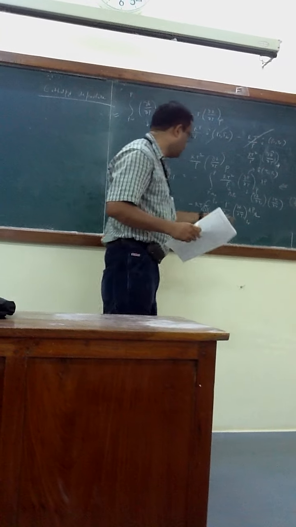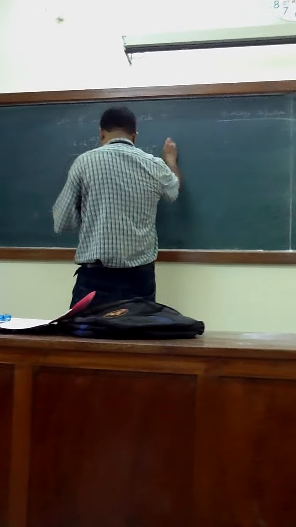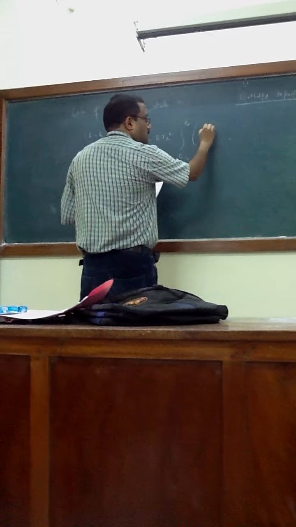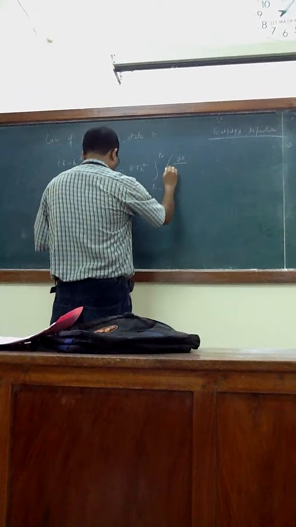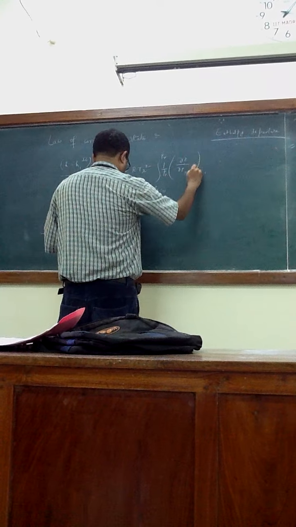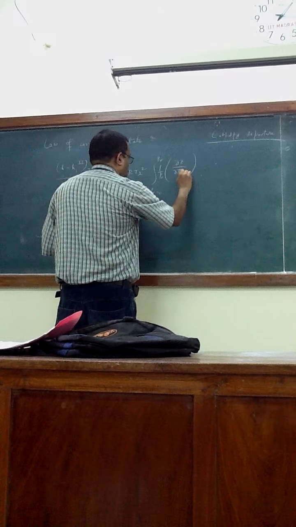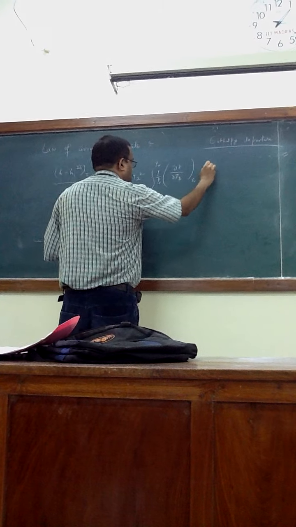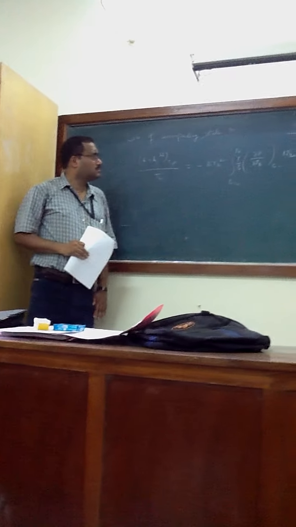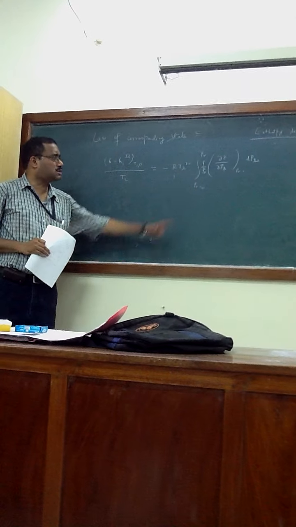So it is integral from P_R equals 0 to P_R of (dou Z by dou T_R) at constant P_R, divided by P_R, d P_R. Question is how to evaluate this integral.